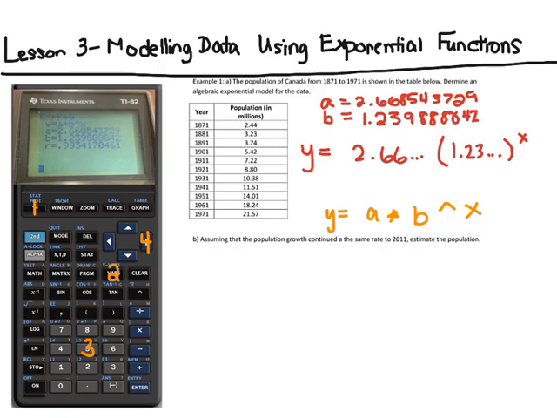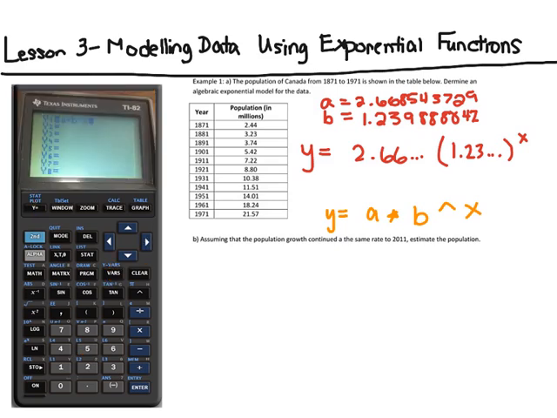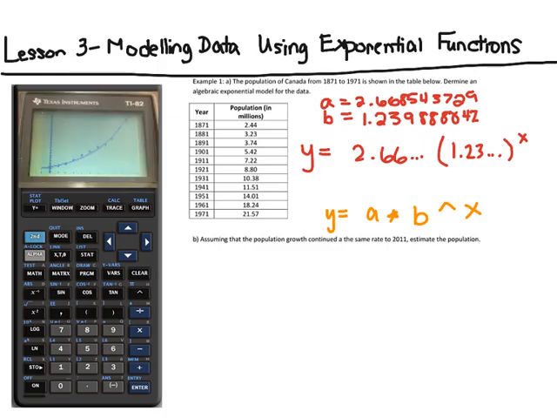So using vars, you should type this into your calculator, and your function should look like this. That's using vars to get your A and your B. And then when you hit graph, it'll graph your regression line in and it'll look like this. So there's the regression line for your data.